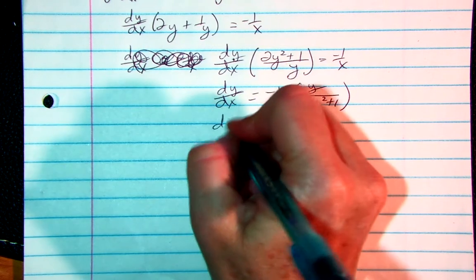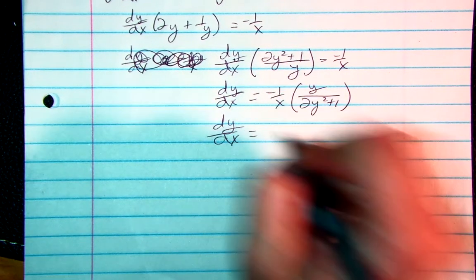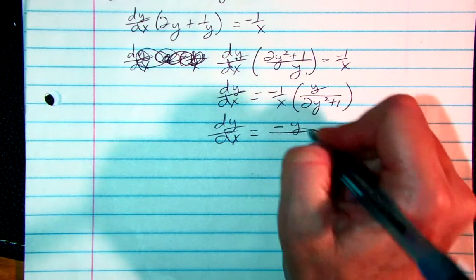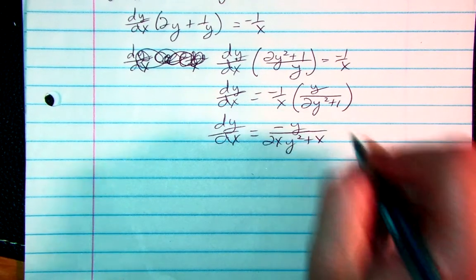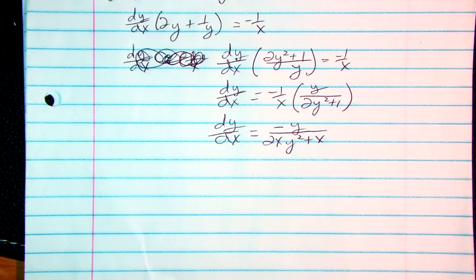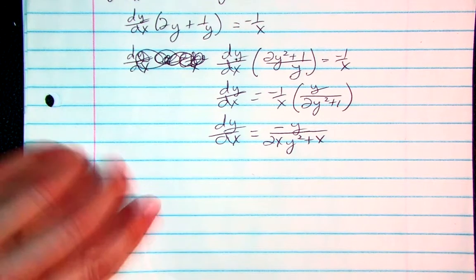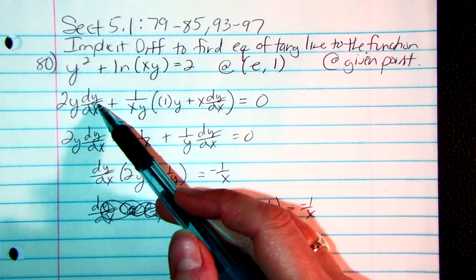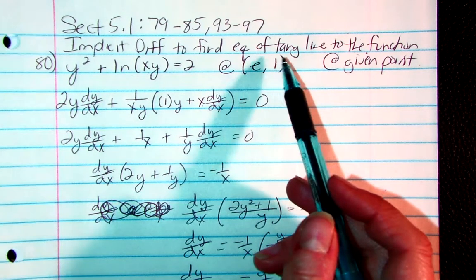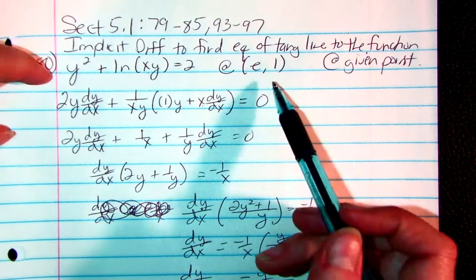Let's go ahead and combine this a little bit more. Again, what am I doing? I used implicit differentiation to find what? Oh yeah, the equation of the tangent line to the function at the given point (e, 1).